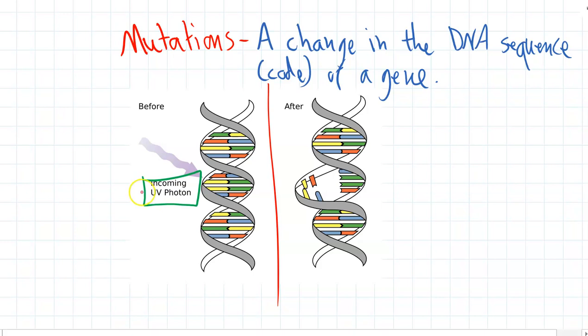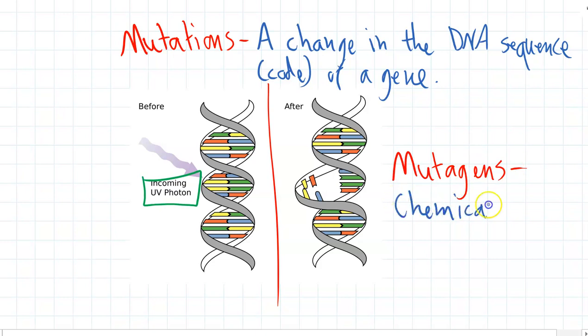So UV light and lots of other chemicals that cause cancer and that cause mutations are called mutagens. So there's lots of chemicals and other events that cause mutation.